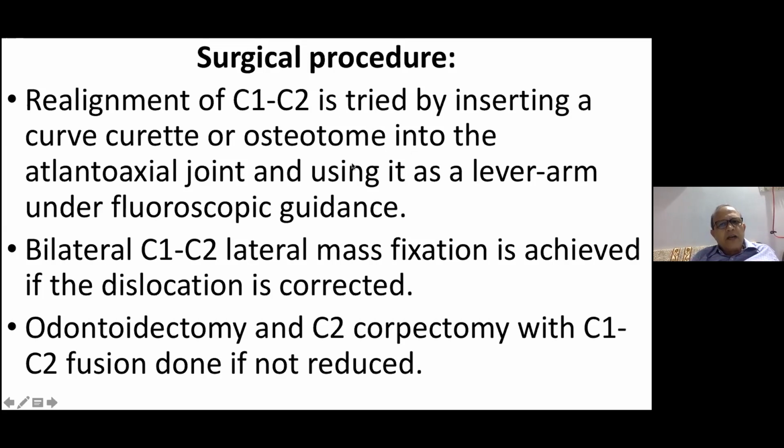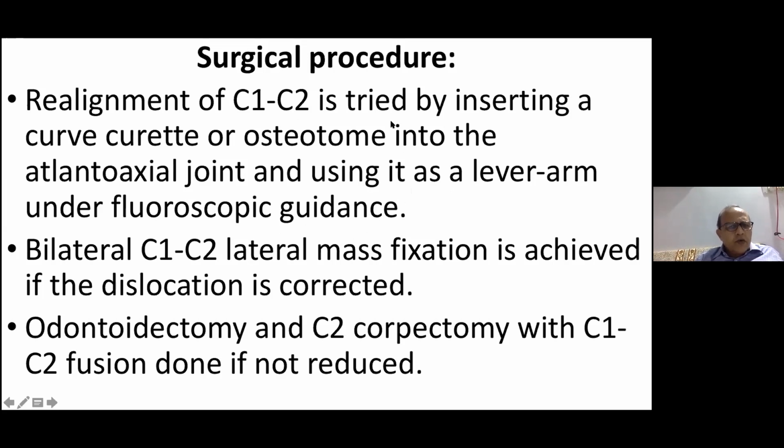So once you have manipulated the facet joint and removed all contracting tissue and all disc material from the facet joint, and using the leverage action of the osteotome or curved curette under fluoroscopic guidance, you will be able to reduce the C1, C2 dislocation.